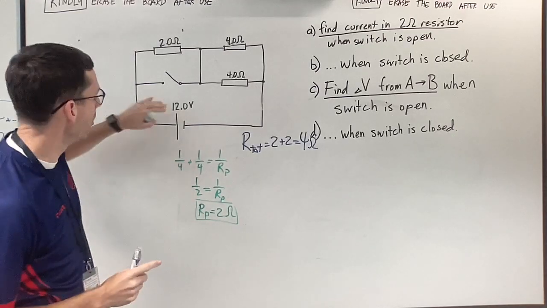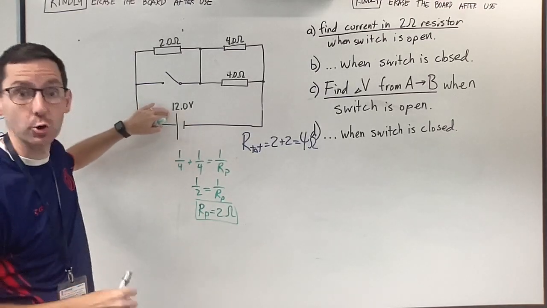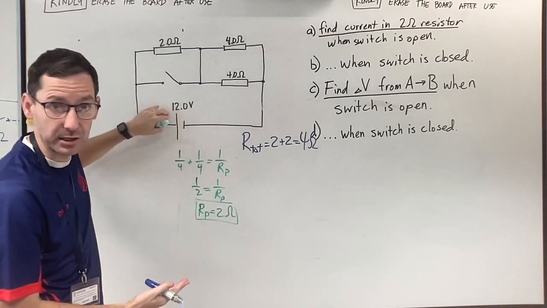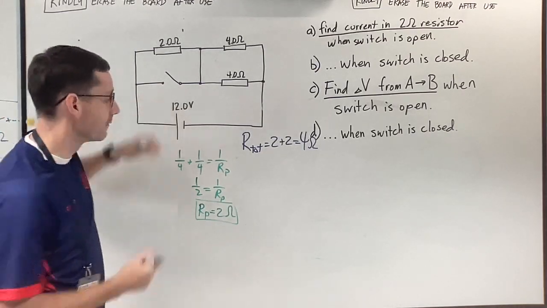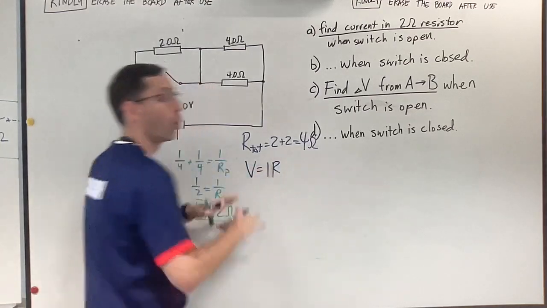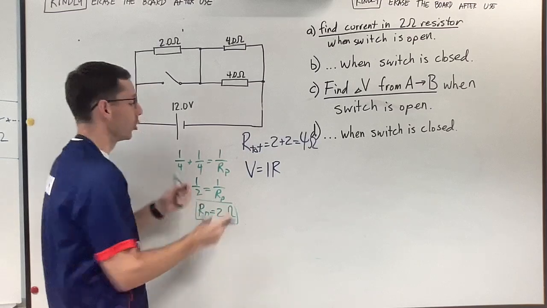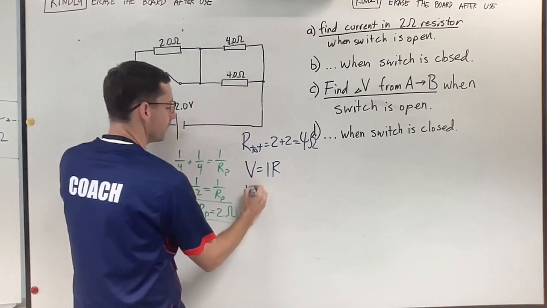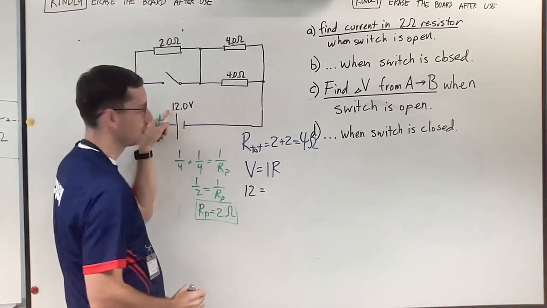Now, I know the total EMF, or the total potential that's being provided in the circuit. And so therefore I can go V equals IR. So I'm doing this for the whole circuit. The whole circuit is providing 12 volts of potential.